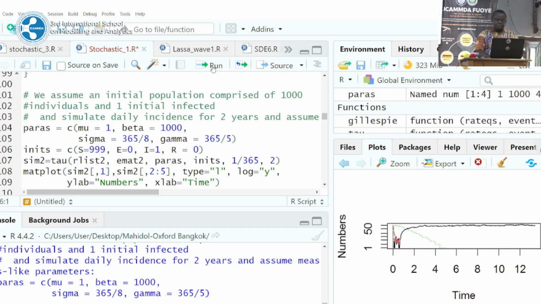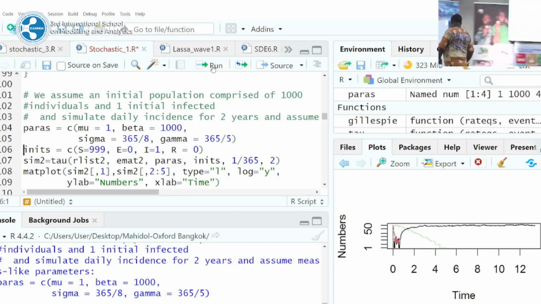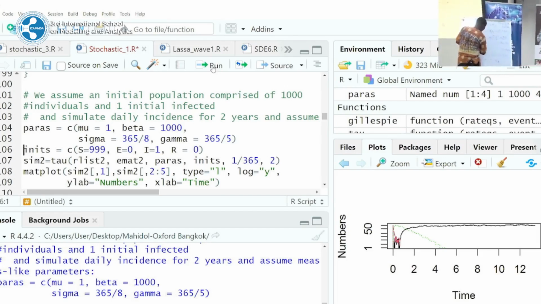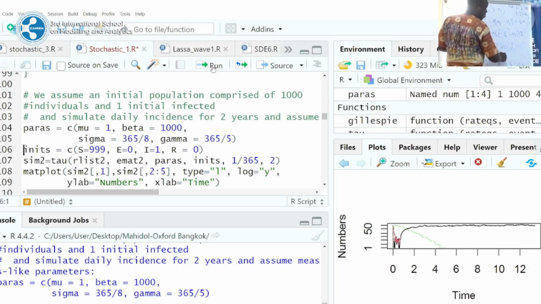So one person has just been infected. And that's why if you look at our initial conditions, which we usually write, S should be strictly greater than 0, and E can be greater than or equal to 0, and I should be strictly greater than 0, and R should be greater than or equal to 0.